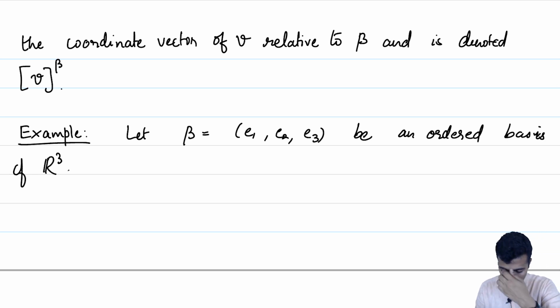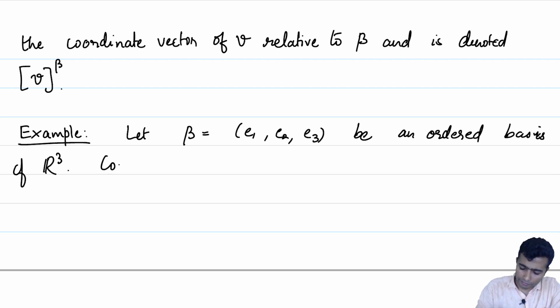Recall that E1, E2, E3 are vectors with 1 in the first coordinate and zeros in the other coordinates for E1. Ej similarly is always defined as 1 in the jth coordinate and 0 in the remaining coordinates. In R3, we are looking at 3-tuples.